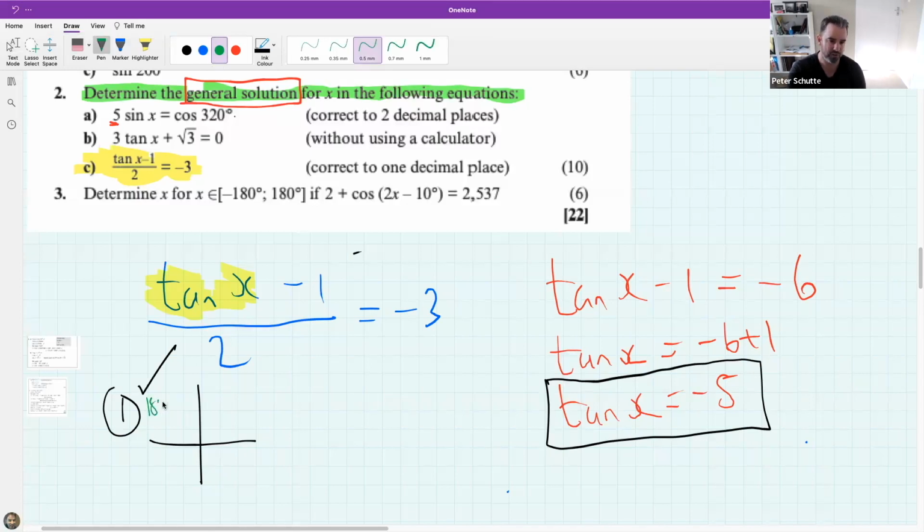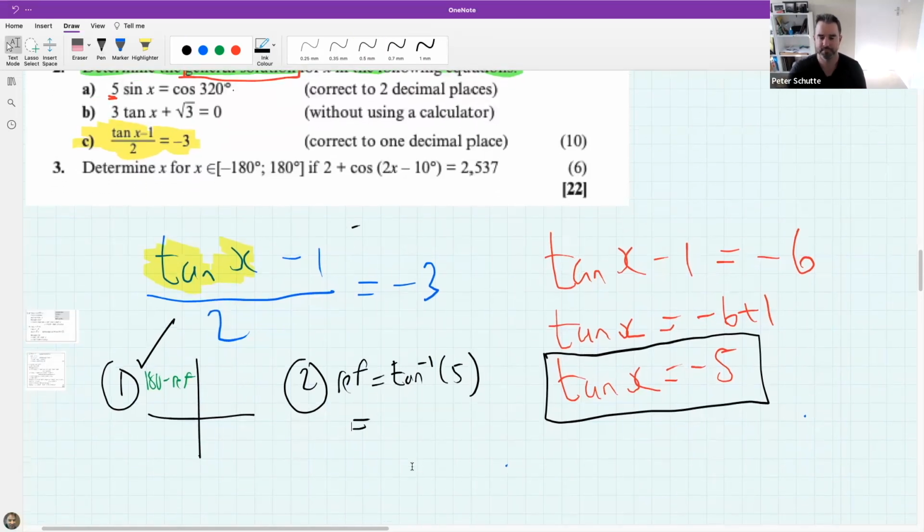And I'm going to go with the second quadrant because it seems the easiest. So it's 180 minus the reference angle. Step 2 is to find my reference angle, but remember, I must ignore the minus 5 and just go shift tan of 5. What's my reference angle going to be?